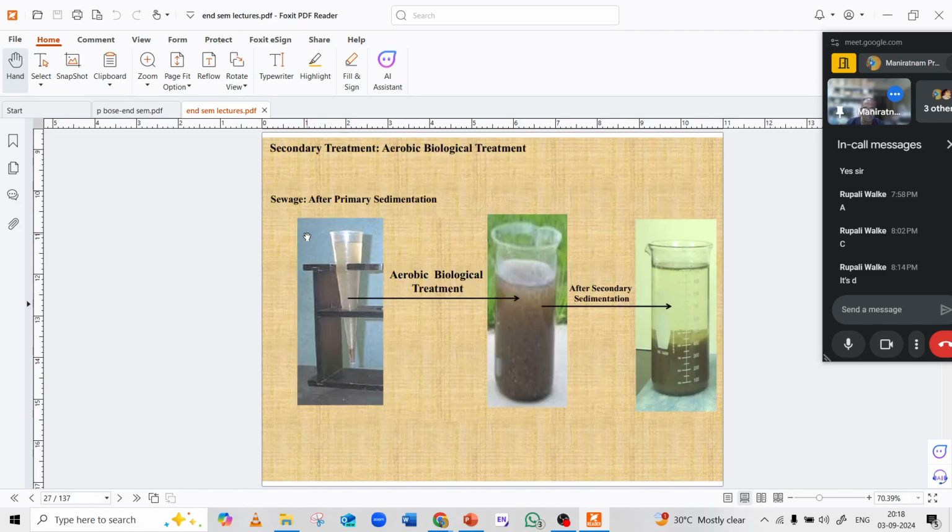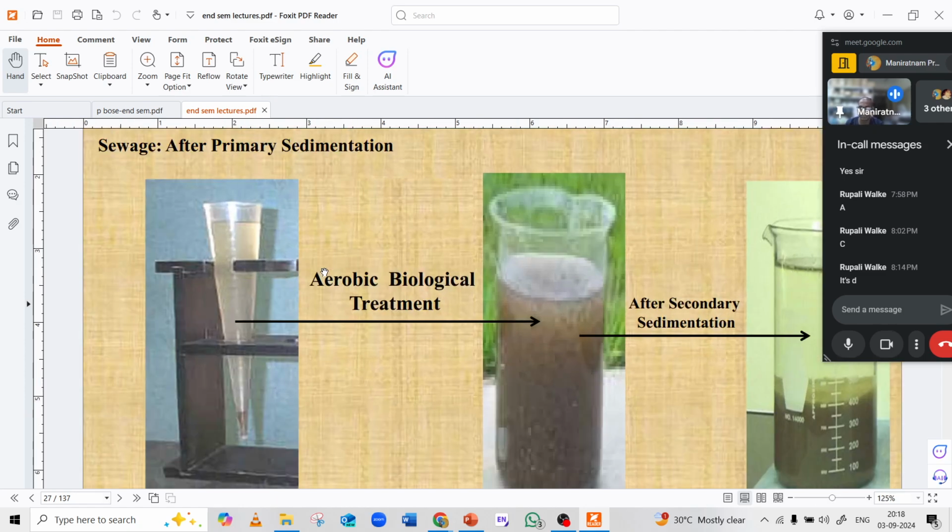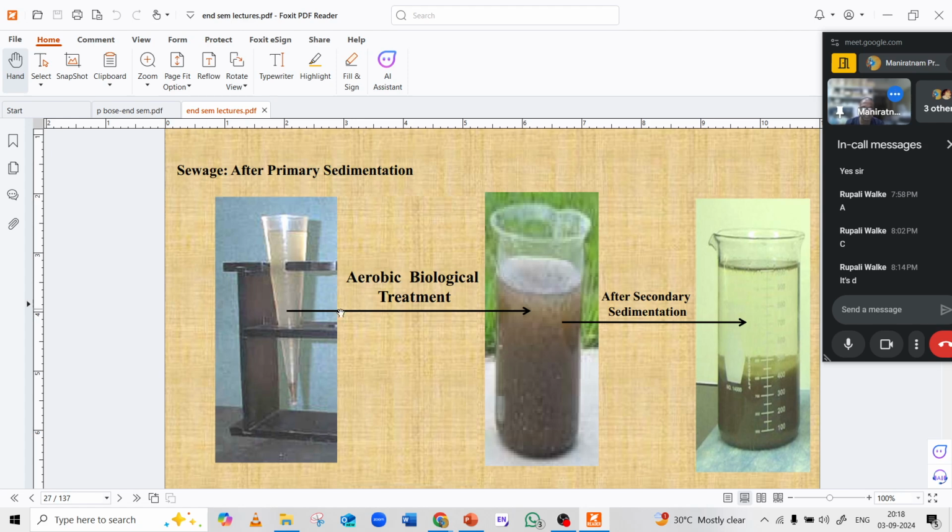This is used to calculate the SVI, that is sludge volume index.